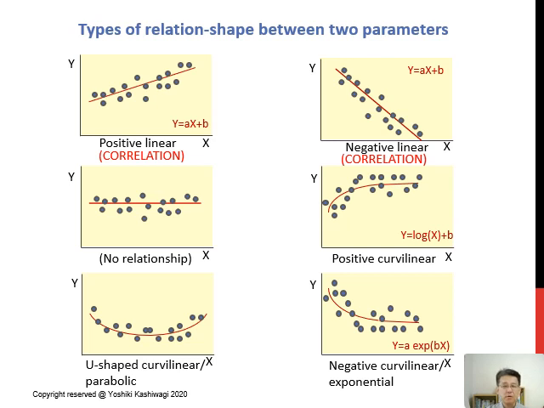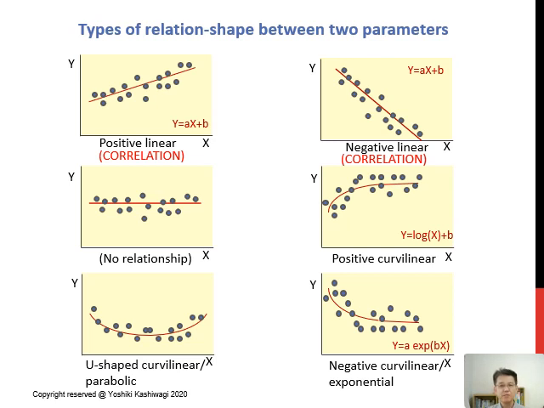You already know this is correlation, positive one and negative one. But this may not be the case in general. We focused only on correlation with a linear relationship, but in this world there are many other relationships.